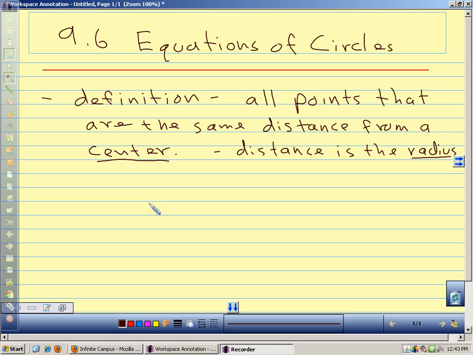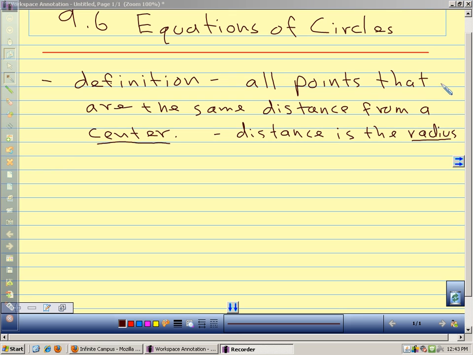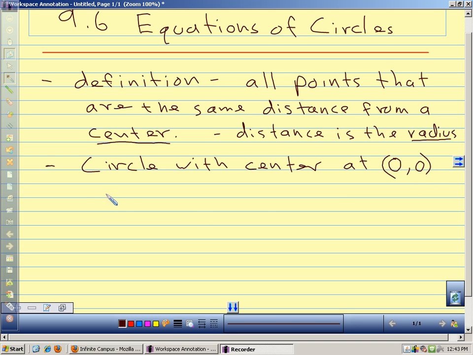So we're going to start with an easy one. The equations of circles are really nice. They work really easily. They look a little bit complicated, but they're not too bad. If we have our equation for a circle with the center at 0, 0, so if we have our center at the origin, the equation is x squared plus y squared equals r squared.